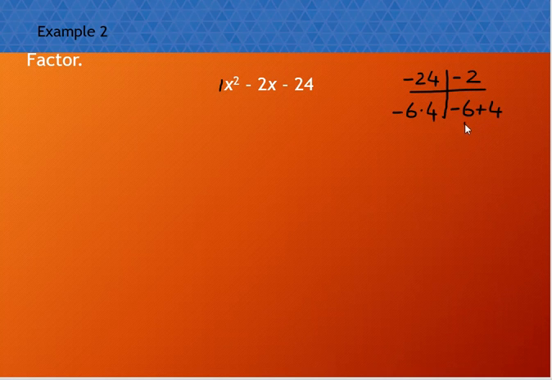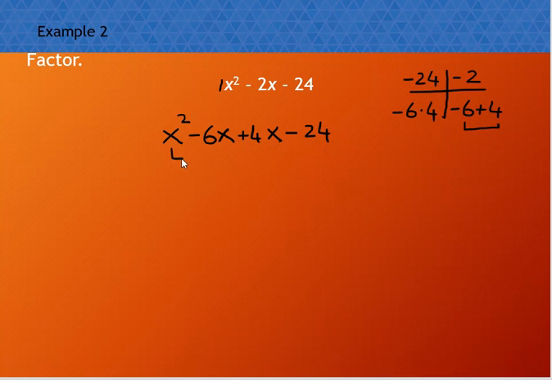So we're going to use this to break our middle term as negative 6x plus 4x. Therefore, we get x squared minus 6x plus 4x minus 24.